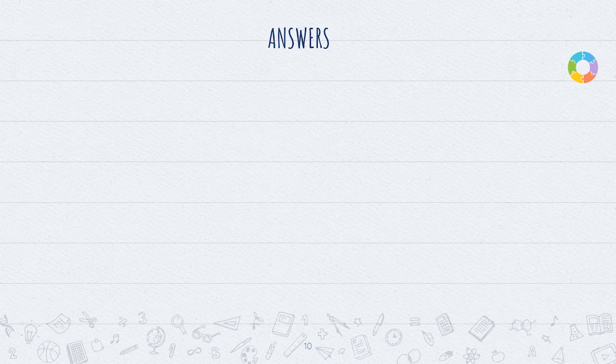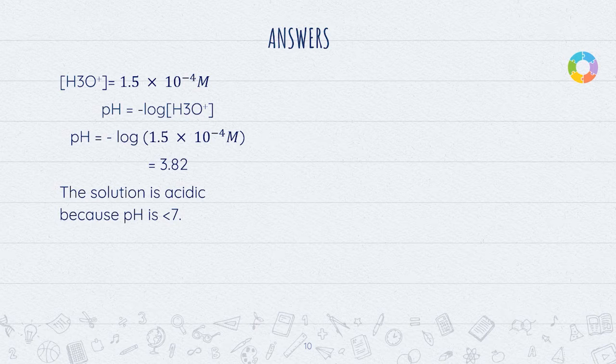We can calculate the pH using the formula pH equals negative log of the concentration of hydronium ion, and then substitute the value of hydronium ion, 1.5 times 10 to the power of negative 4 molar, and we get a pH of 3.82. By the calculation, the solution is acidic because the pH is less than 7.